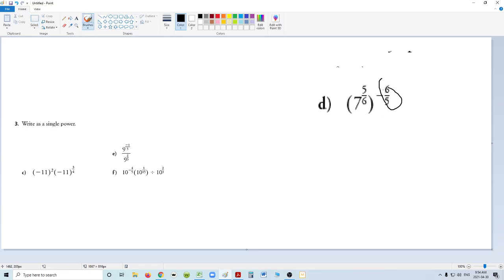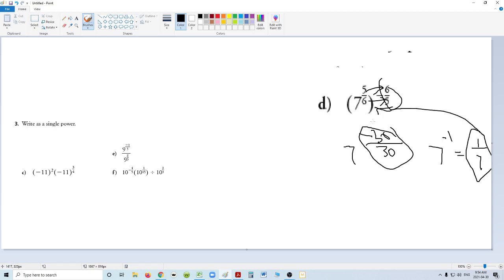So here's the exponent of an exponent rule, which means we multiply these. And notice there's a negative there. So you get negative 30 over 30, which becomes 7 to the negative 1, because we might as well resolve that instead, which is 1 over 7. That's a very simple answer.